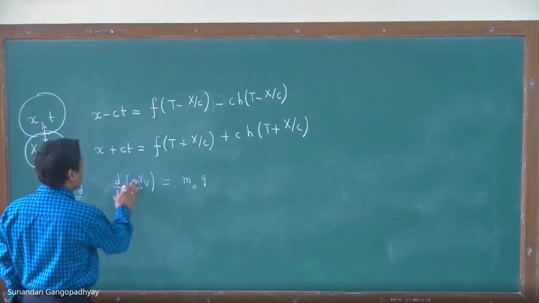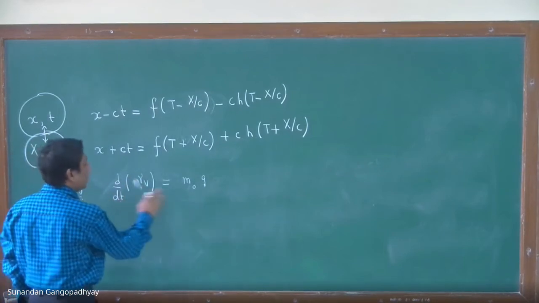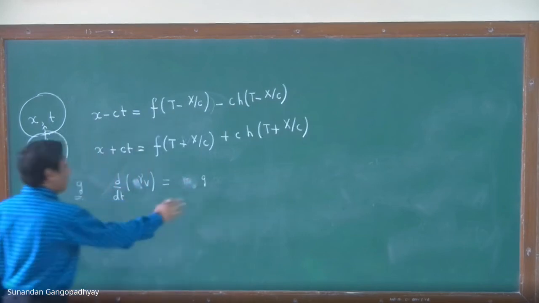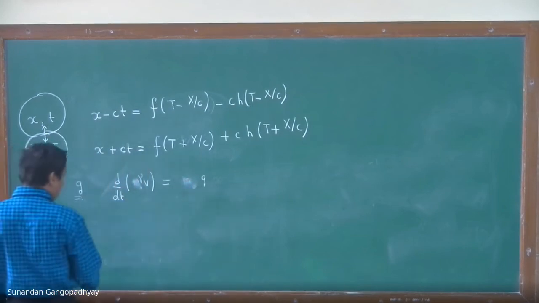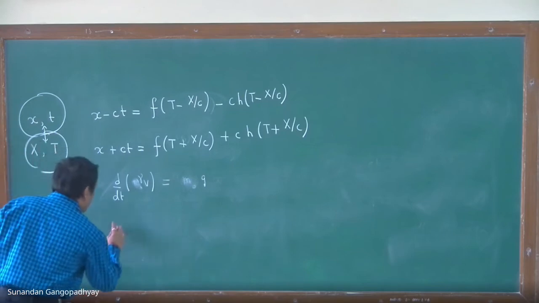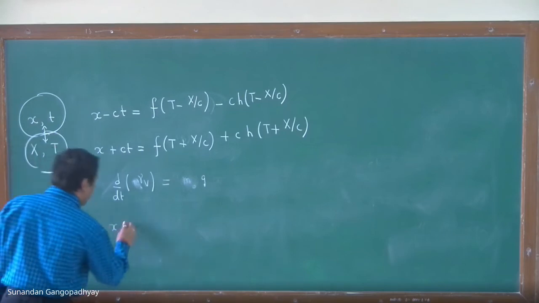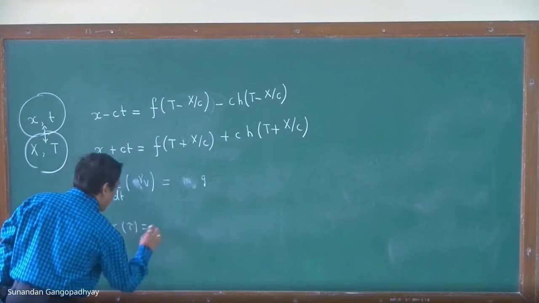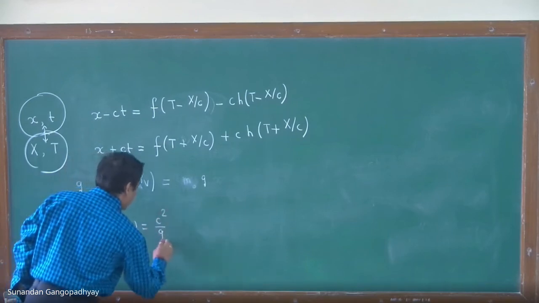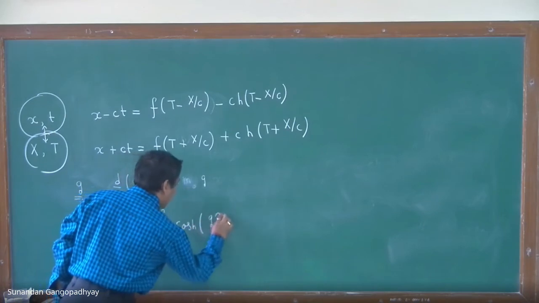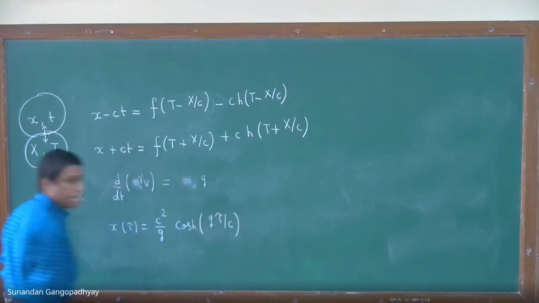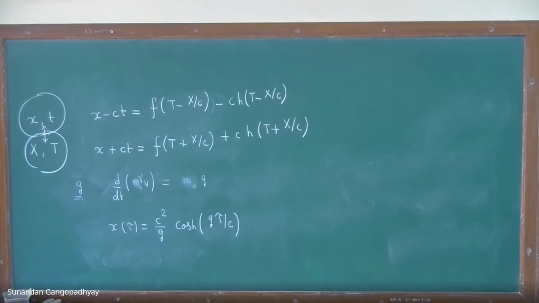So if you do that, then m naught will cancel, and we solved this equation in the previous class, right? And if we solve this equation, the final relations that we had obtained were the following: c square by g cosh of g tau by c. Any problem?